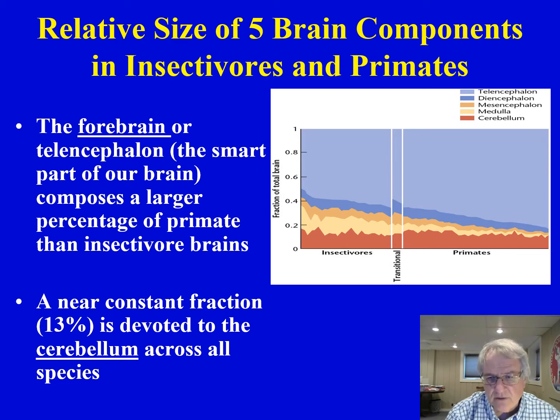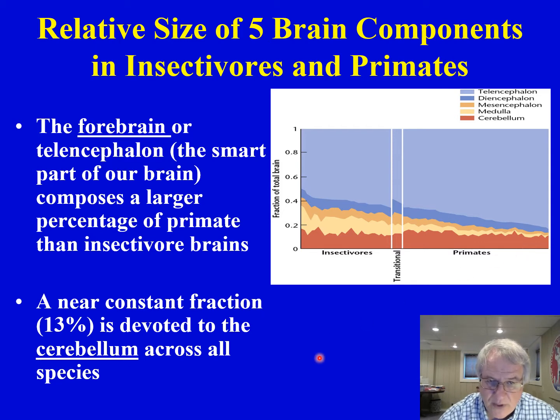Here's another important figure. If we take a look at the 5 basic areas of the brain, we call them the telencephalon, diencephalon, mesencephalon, medulla, and cerebellum. The cerebellum is relatively constant across species, about 13% of our brain is devoted to cerebellum.